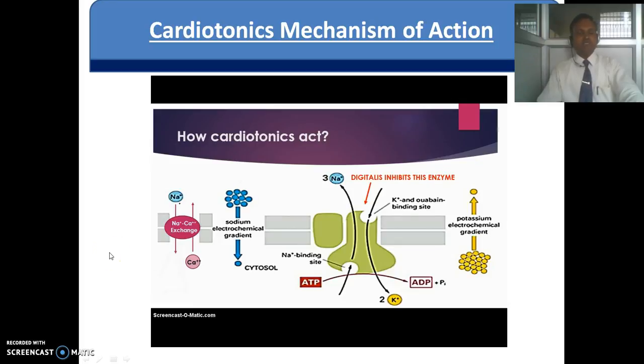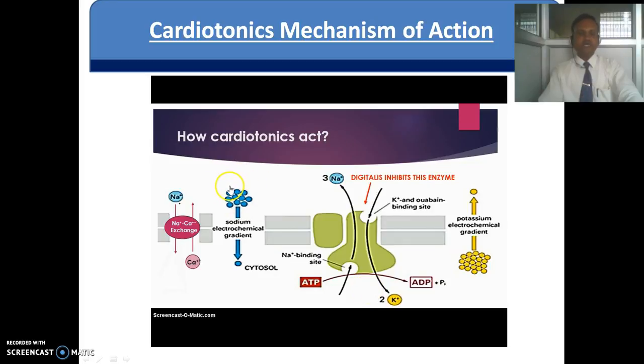What happens in this case is these two exchange mechanisms are maintaining the concentration of sodium and potassium across the cell membrane. In resting condition, the amount of sodium outside of the cell is higher, and the amount of potassium inside the cell is higher.